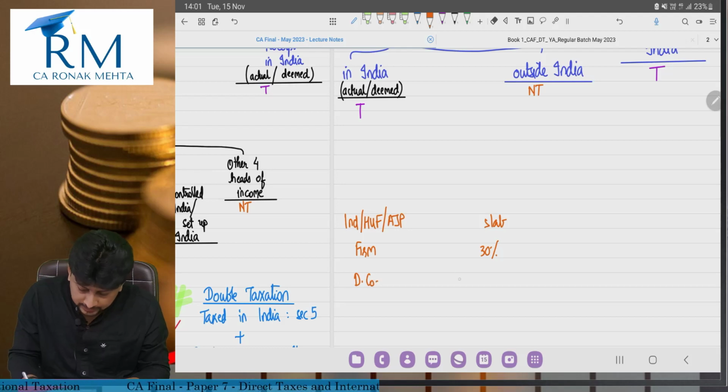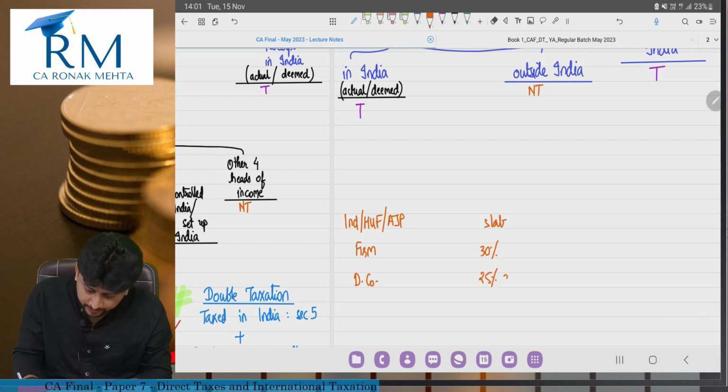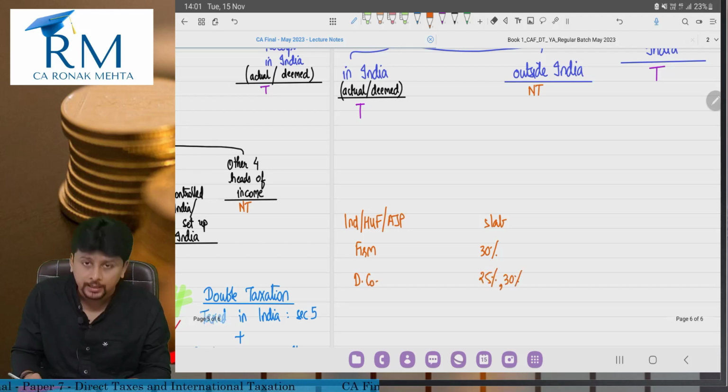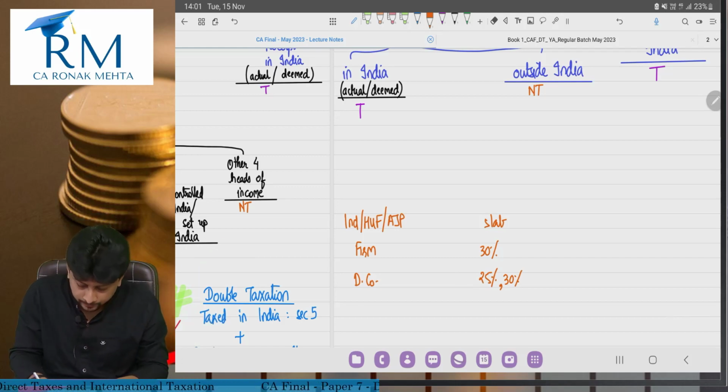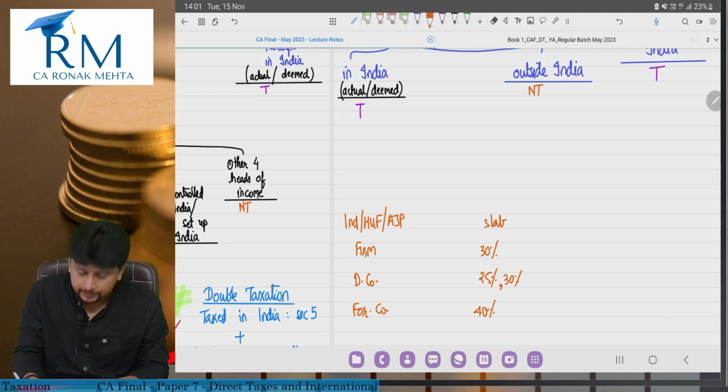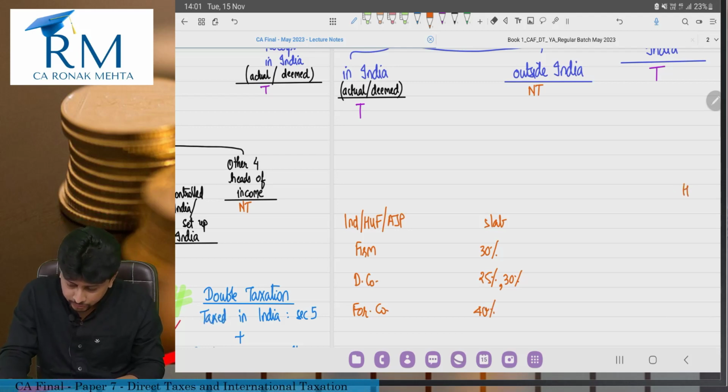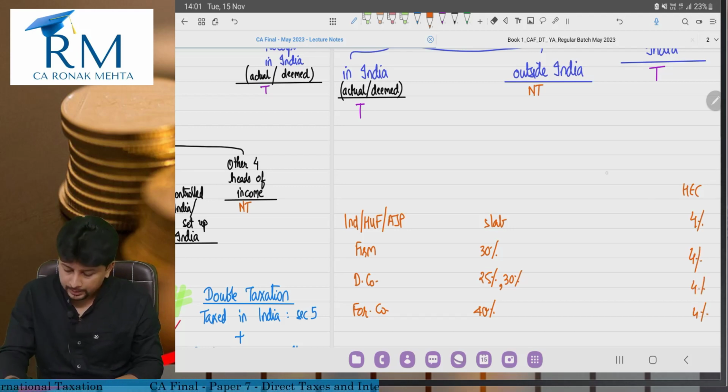If you are a domestic company, 25% or 30% depending on the turnover 2 years ago. If you are a foreign company, 40%. Health and education cess will be applicable to everybody at the rate of 4%.